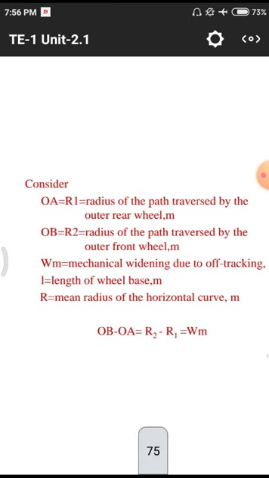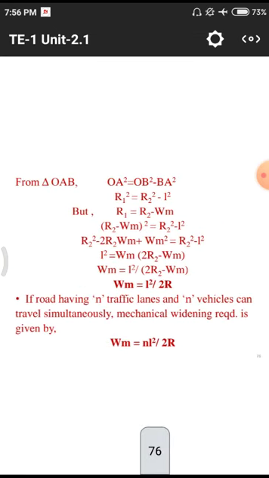This is the terminology we are using in this particular diagram. What is OA, what is OB, and R is the minimum radius of the horizontal curve. By using those we will tabulate some principles. By using this triangle OAB and the hypotenuse theorem, side square plus side square equals hypotenuse square.